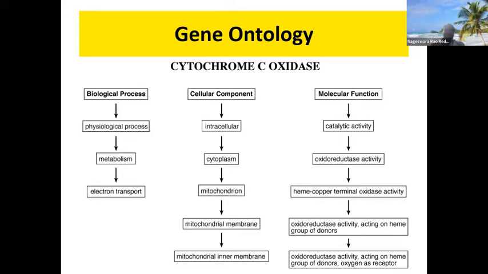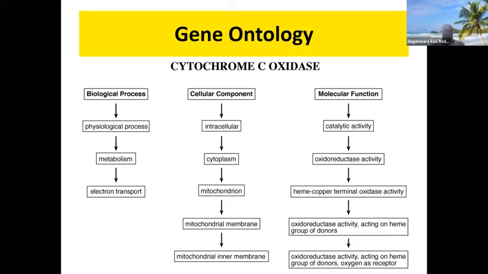Where the mitochondrial membrane is concerned, it is actually present on the mitochondrial inner membrane. Okay, so cytochrome C oxidase. Now we know that the biological process, what it's doing, is simply electron transport in the lowest hierarchy, and where it is present as cellular component is the mitochondrial inner membrane.